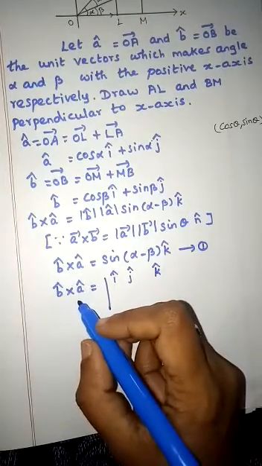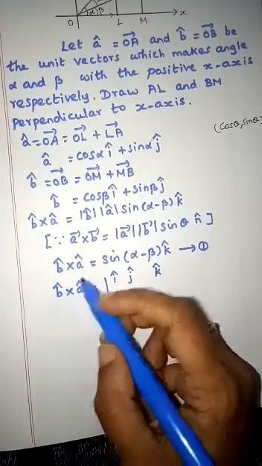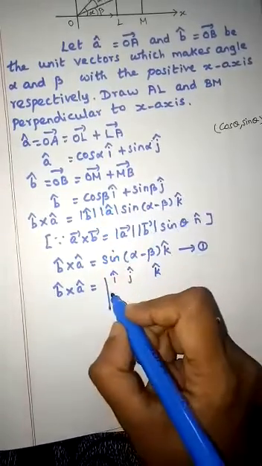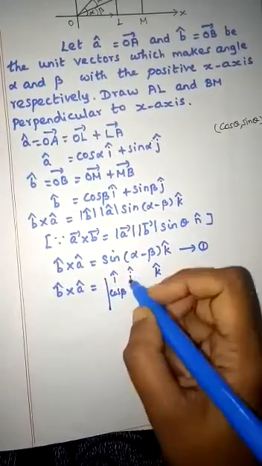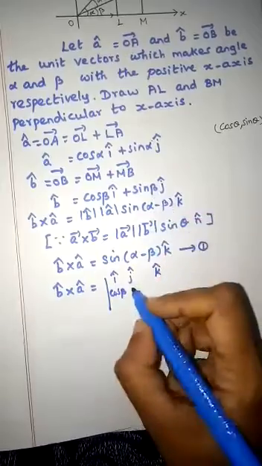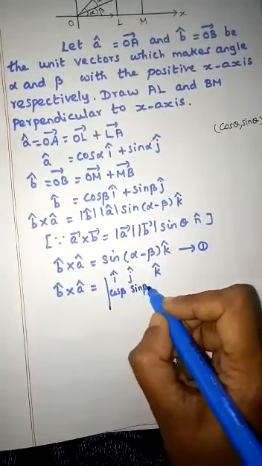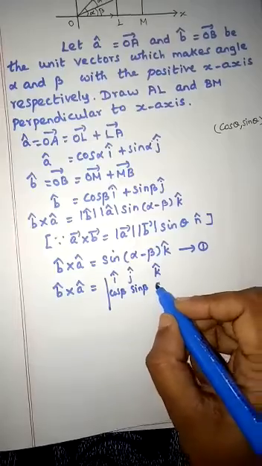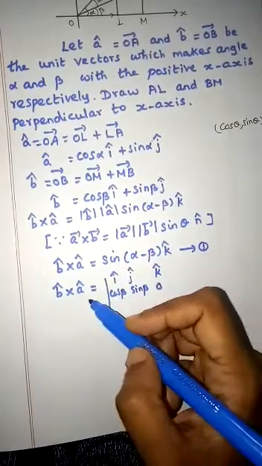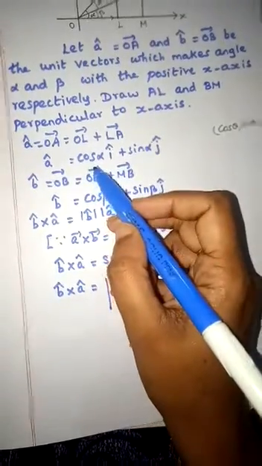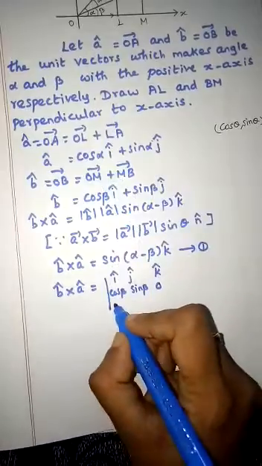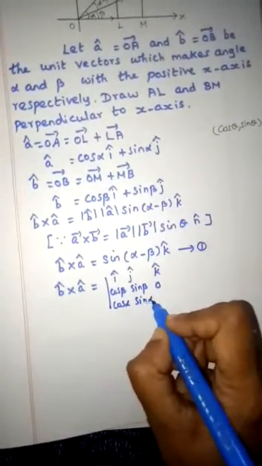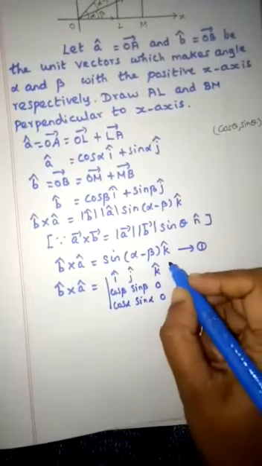Then for B cap, the coefficient of I cap is cos beta, the coefficient of J cap is sin beta, and no K cap term was there, so you put 0. Then for A cap, take the coefficients: cos alpha, then sin alpha, and no K cap term, so 0.